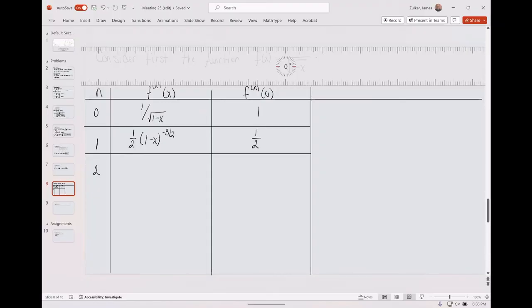So -3/4 x to the -5 power. Close. Very close. What's the derivative of 1 minus x? Oh, okay.